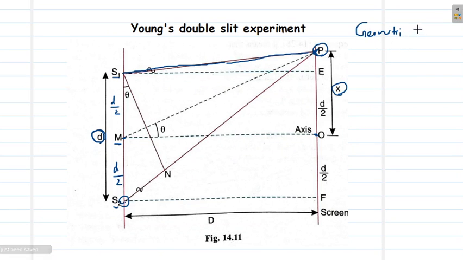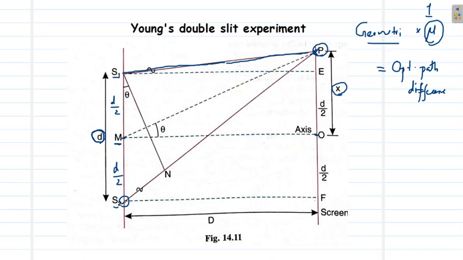The geometrical path difference multiplied by the refractive index of the medium will give the optical path difference, delta. Since in this case the light wave is propagating through air, whose refractive index is 1, the geometrical path difference and optical path difference are equal. So we just have to find the geometrical path difference between these two.